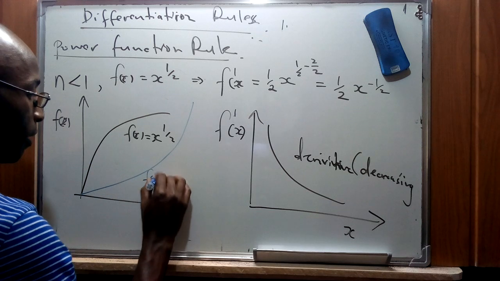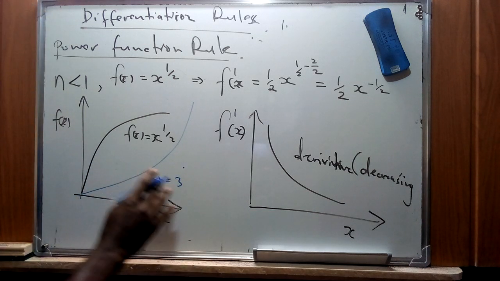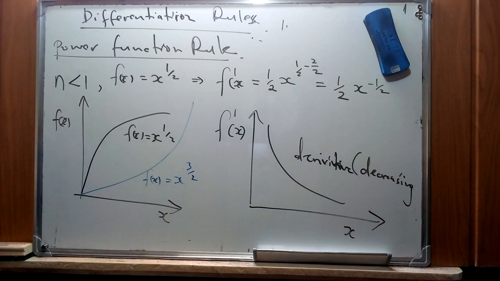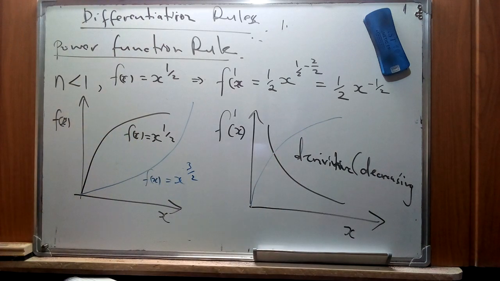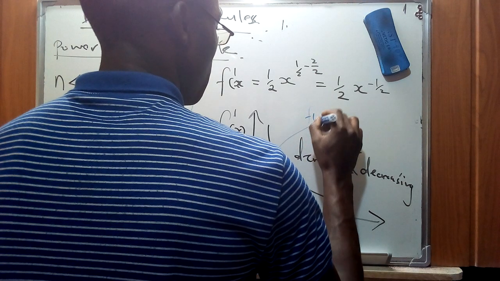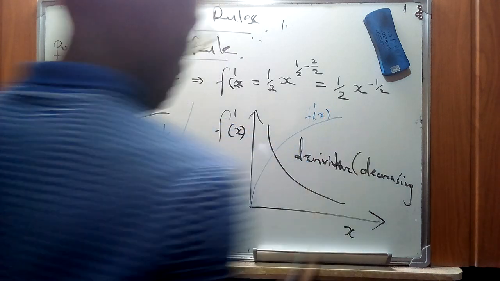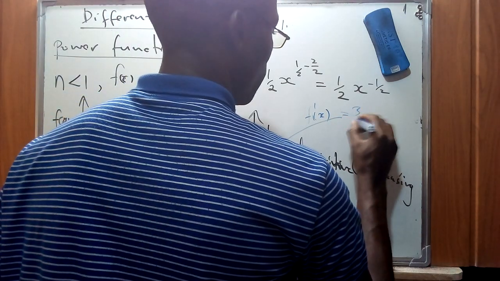So this was f of x equals x to 3 over 2, and then its derivative on the other side will have been a graph behaving as such, and that was f prime, 3 over 2 x to the half.